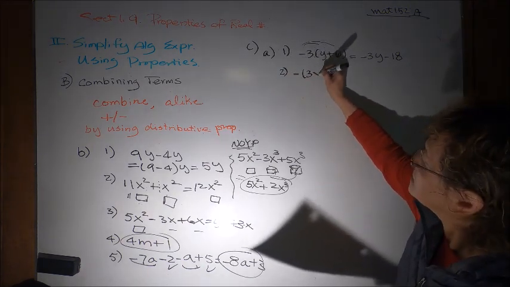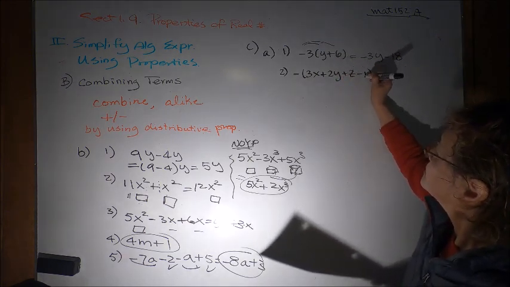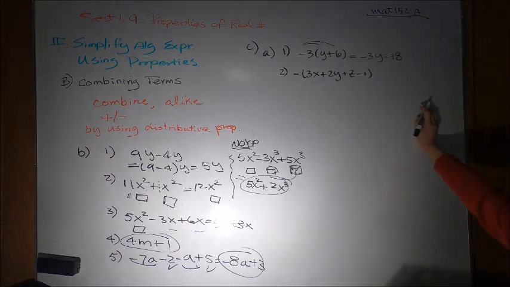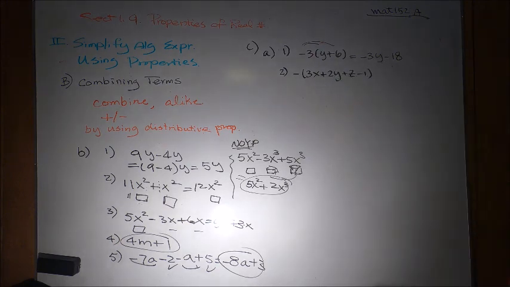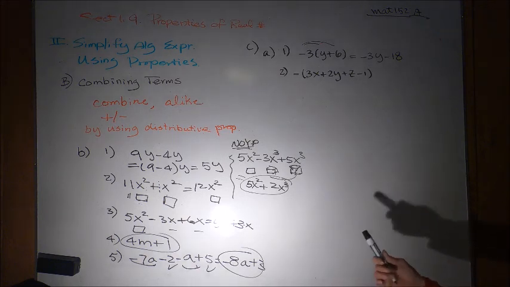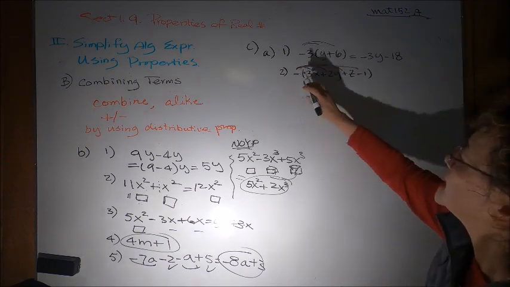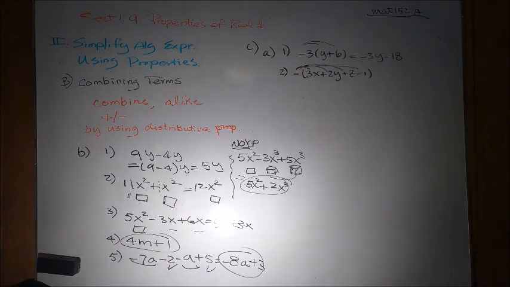Look at the next one. If we have -(3x + 2y + z - 1), how many terms do we have? 4 different terms. Then describe them individually instead of in a group. We need to distribute our negative, right?